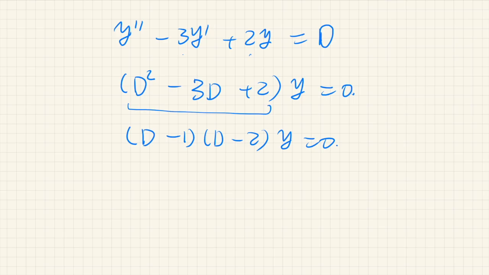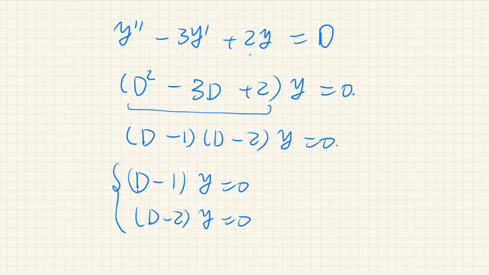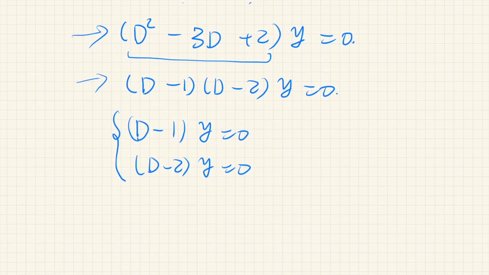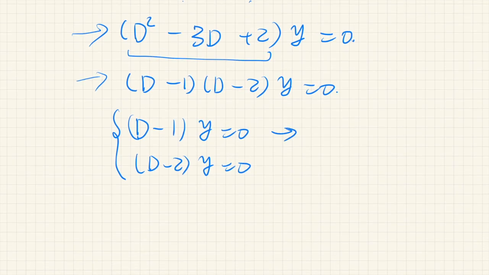So what we need to do is to solve these two differential equations, this one and this one, which are considerably easier than the original one. And from this, we can immediately solve this. So that's why, let's say y1 equal to some constant c1 times exponential of x.